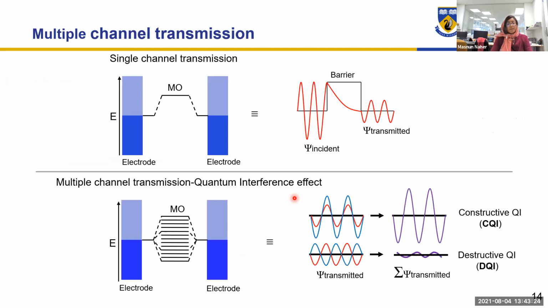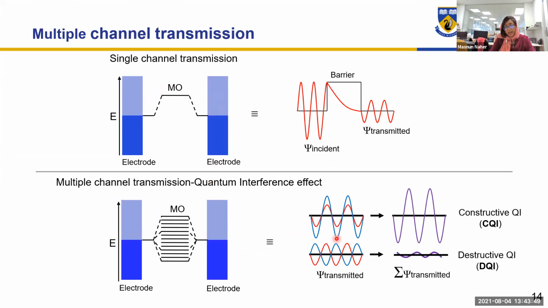In the next step, so until now I explained the molecular conductance of a series of compounds where electrons follow a single channel transmission in the case of quantum tunneling, but electrons can also follow more than one pathway. When electrons follow more than one pathway, it is called multiple channel transmission, which gives rise to the quantum interference effect.